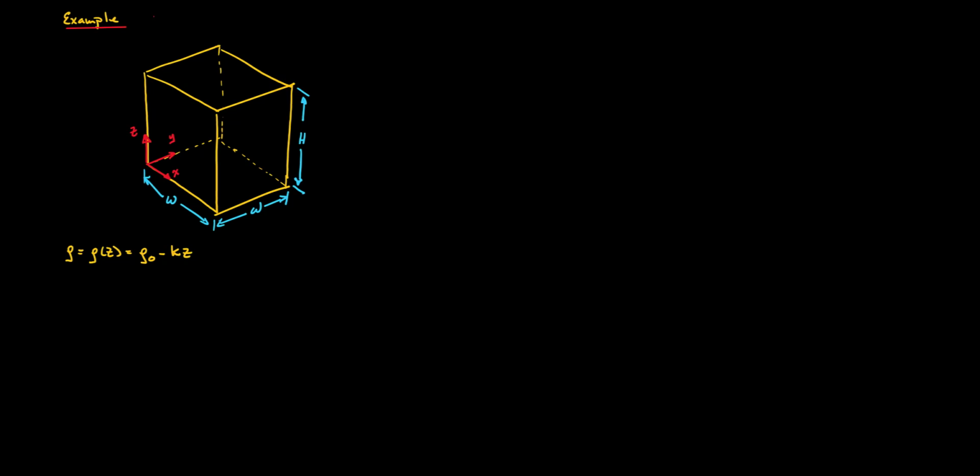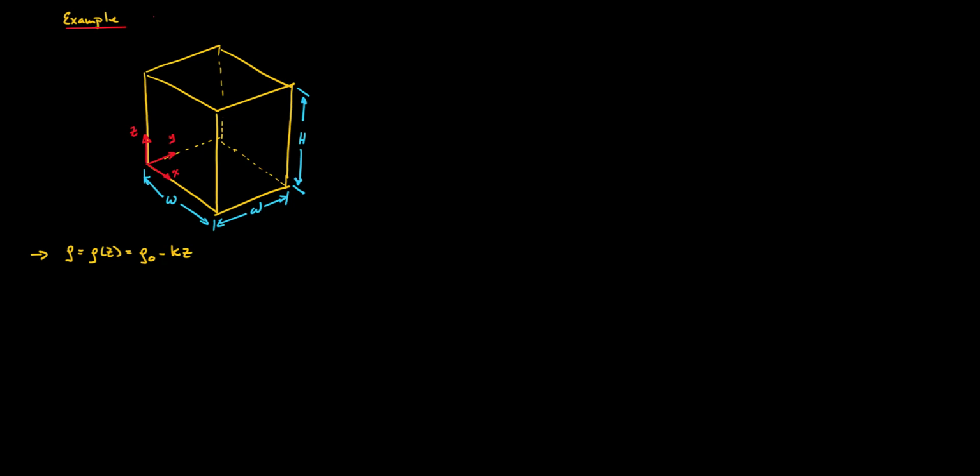Let's look at an example where we will calculate the total mass of a fluid in a given volume. So here we have a schematic of a vessel with a width of w, a length of w, and a height of h. Furthermore, we're going to assume that the density varies as follows.